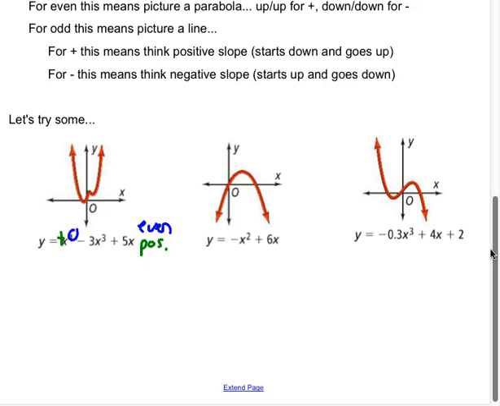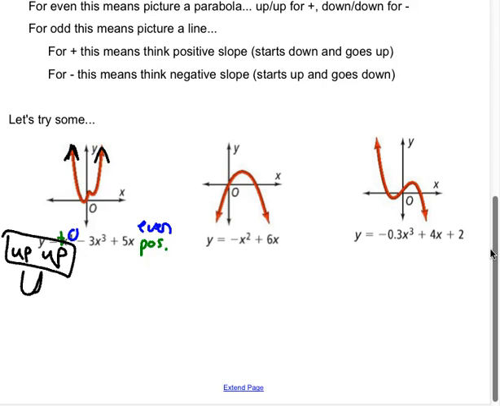Well, that means I'm going to have up, up behavior. And that's really all you need. The answer of the end behavior is just up, up. Everything else I'm putting up on the board is just an exercise to get you thinking about what it's going to look like. And of course that picture shows you that you're right. It shows you up, up behavior. But on the test, I'm not going to give you the visual. You're going to have to be able to look at it and figure it out.